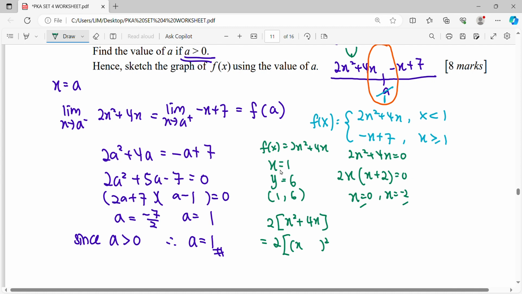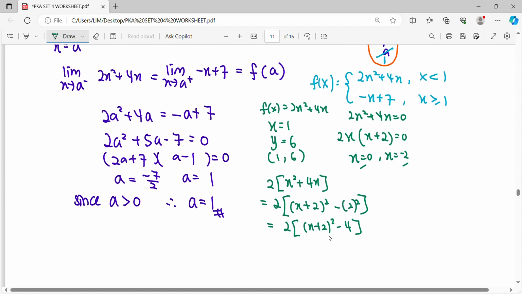For the b term here, we divide by 2, then minus back. So after you expand, your quadratic is 2 times (x plus 1) squared minus 2.